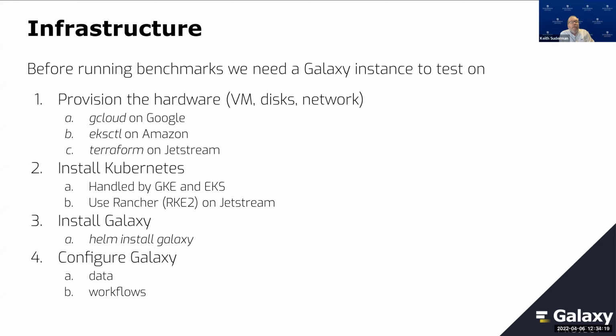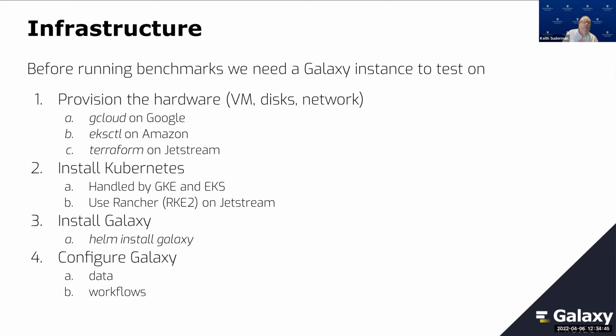So when we say G-Cloud create a cluster, by the time that cluster comes up, Kubernetes is already installed. Jetstream doesn't have anything like that, so we need to use, as I said, Terraform and some Ansible playbooks to actually install Rancher, which is a Kubernetes engine that's freely available.